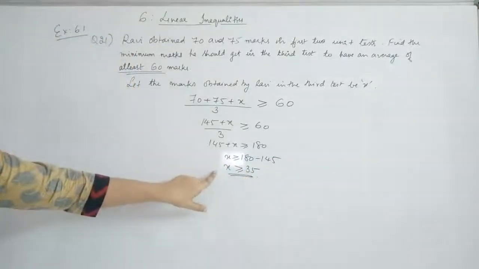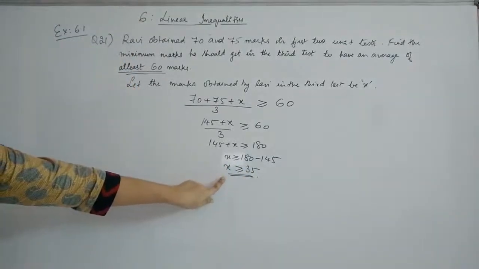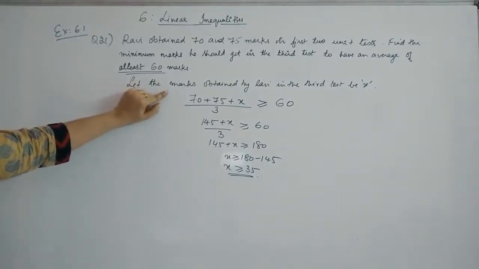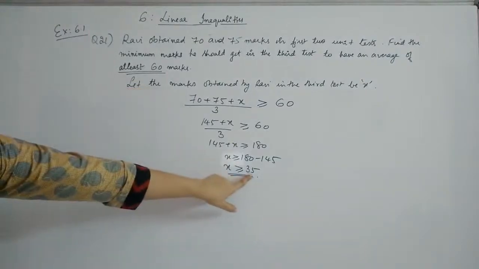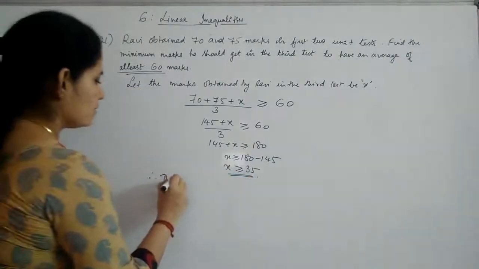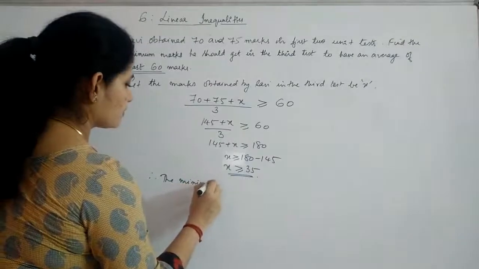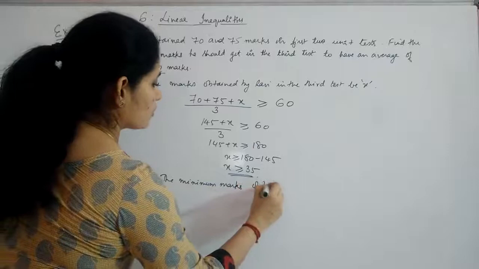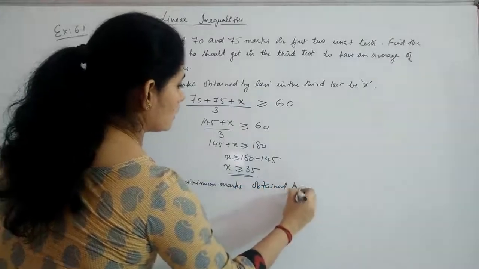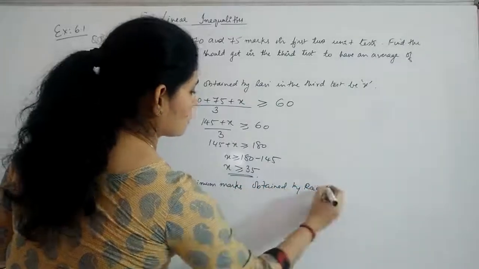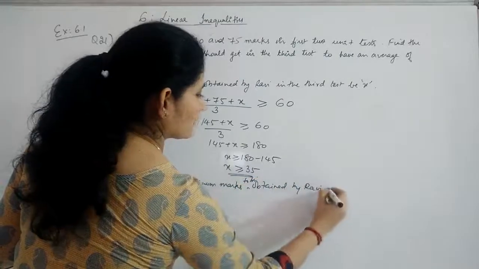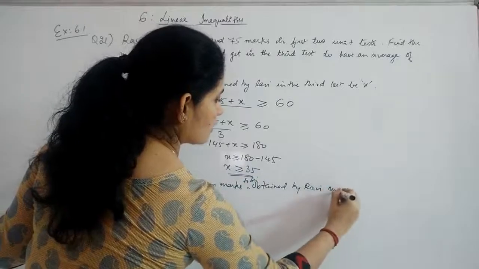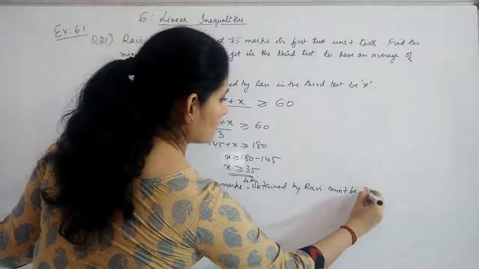And what is the meaning of x is greater than or equal to 35? That is the minimum marks that should be obtained by Ravi in the third test should be 35. Therefore, the minimum marks to be obtained by Ravi should be 35.